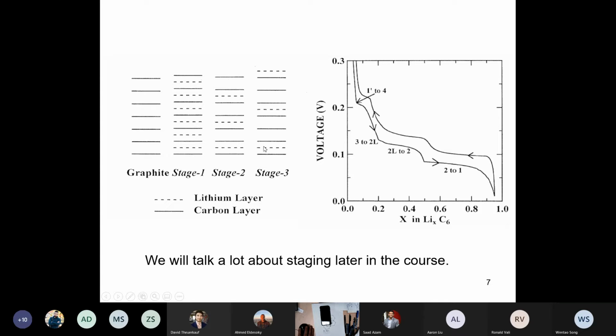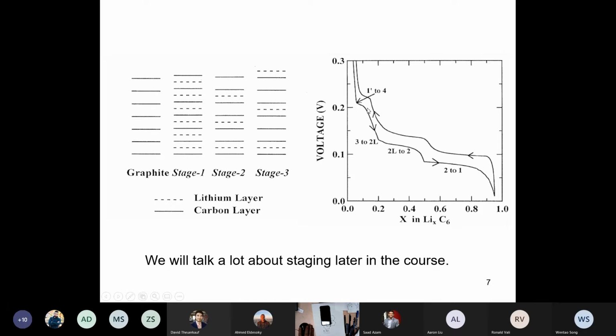That would be stage 3. So stage 4 would be every fourth interlayer space would be full of lithium. These interlayer spaces are called galleries in the jargon. So stage 4 has every fourth gallery full of lithium. Okay, so where my mouse is right now in the discharge curve, you would have stage 4.